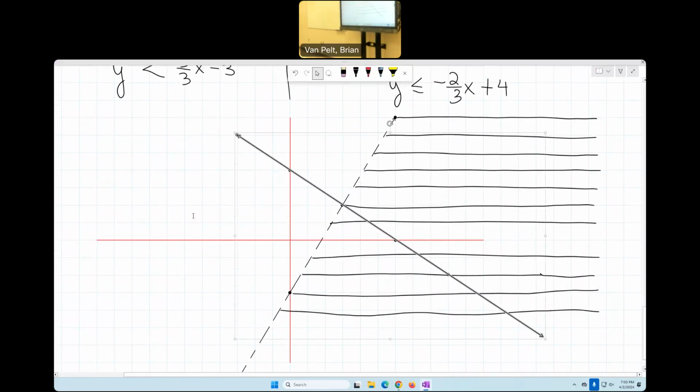Up or down? Down. Down, so down here. I'll use vertical lines for this one.